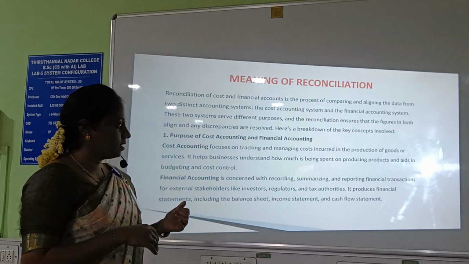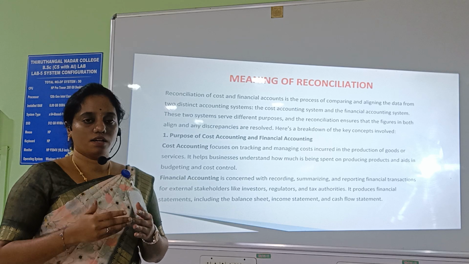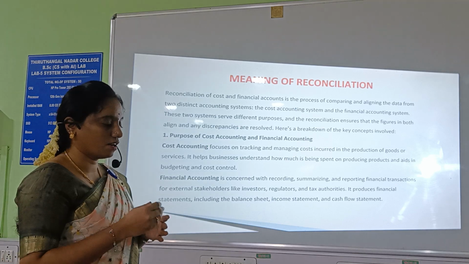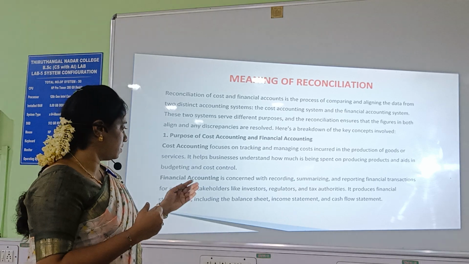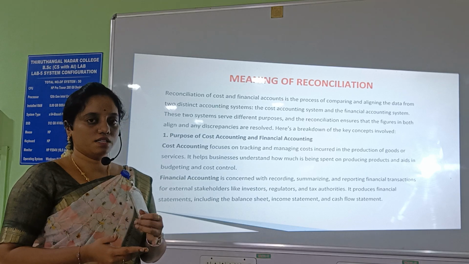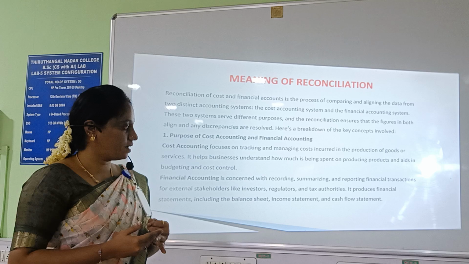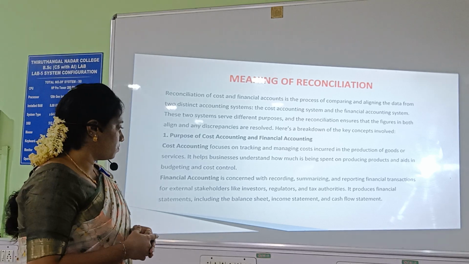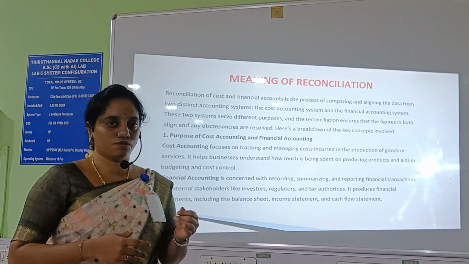Next is financial accounting, which is concerned with recording and summarizing the accounting entries, which are useful to the management, and it provides financial statements to interested parties such as investors, regulators, and tax authorities. The financial statements include the balance sheet, income statement, and cash flow statement.